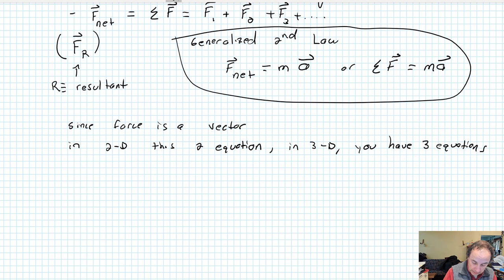Okay, so you can break some of the forces into these three things.